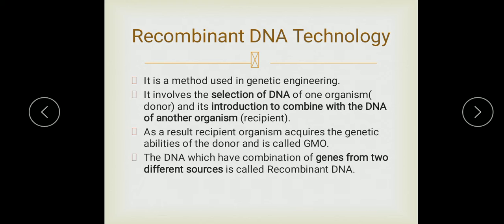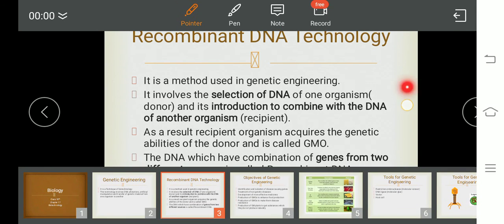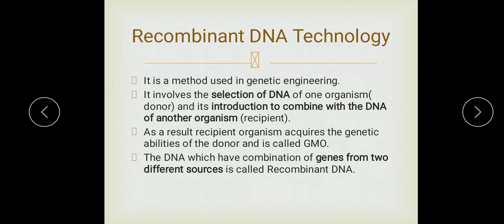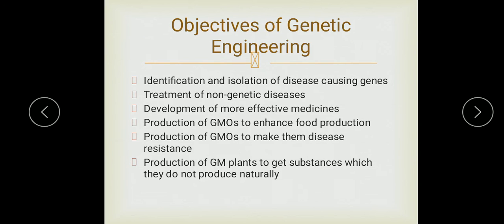Okay, when we introduce the gene of the donor into the recipient, it becomes a genetically modified organism because its genes are modified. So as a result, the recipient acquires the genetic ability of the donor, and is called a GMO. The DNA which has a combination of genes from two different sources is called recombinant DNA.